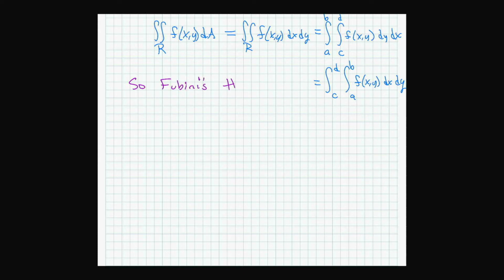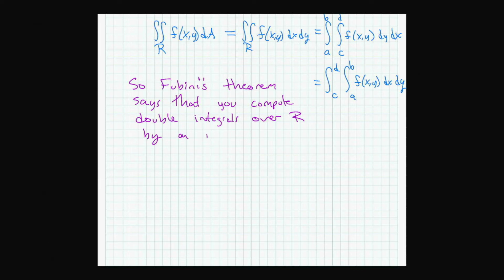So Fubini's theorem says that you compute double integrals over R by an iterated integral, and you even have a choice of which one you want to use. Okay, so that's what Fubini's theorem says. I'm not going to prove that. We're just going to write it there.